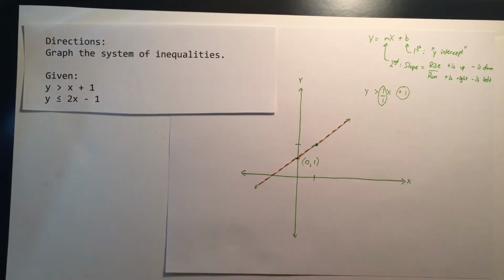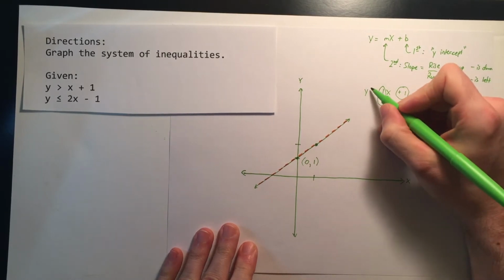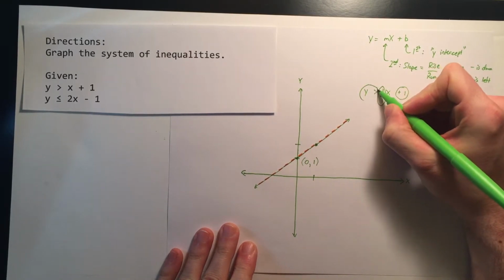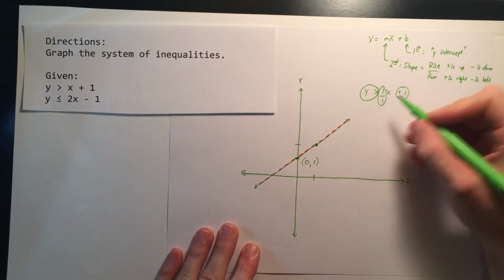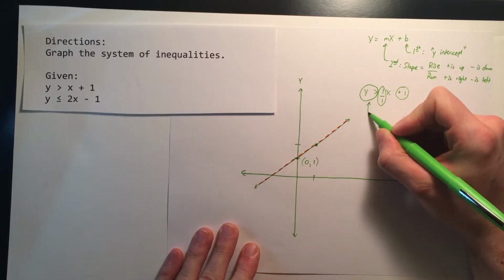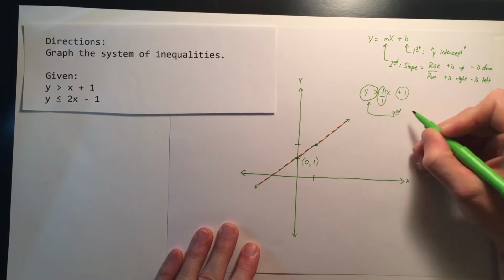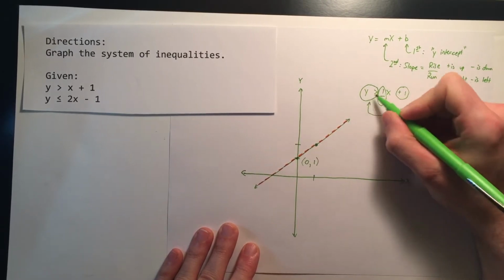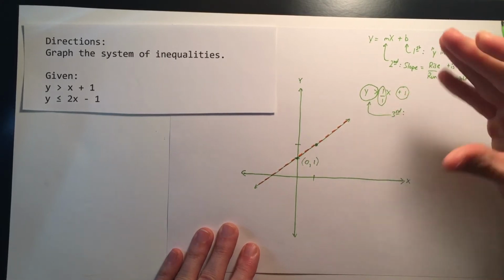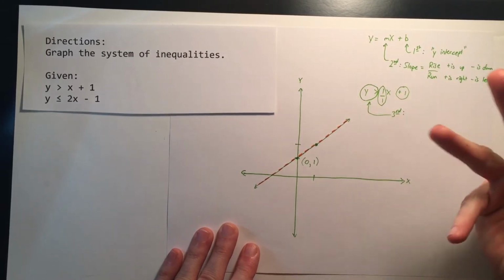And here's where the next part comes in that we haven't done with equations. When you have y equals mx plus b format like this, except you have an inequality symbol, when you read this part, it's the third thing that you do. This says y is greater than, right? Y is being eaten by the alligator, which means that y is big, greater than.